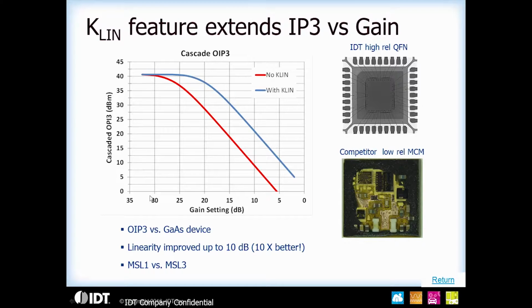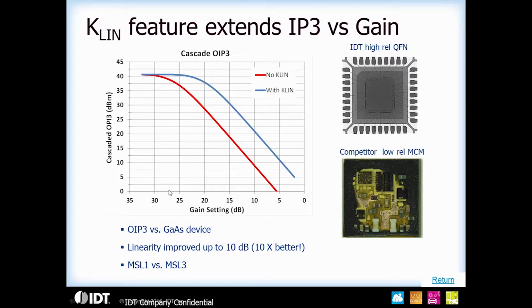Here, as you reduce the gain for a device without Kailyn, the IP3, or the linearity, degrades as you reduce the gain of the device. With IDT's Kailyn technology, we are able to keep constant linearity or constant IP3 as we reduce the gain.